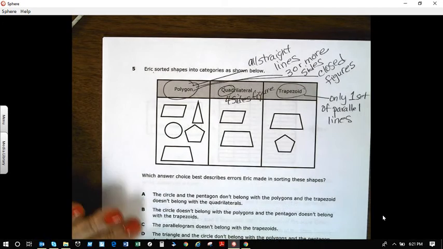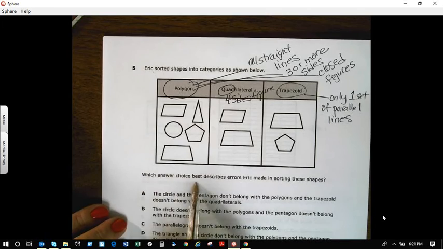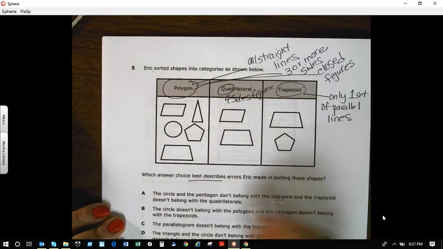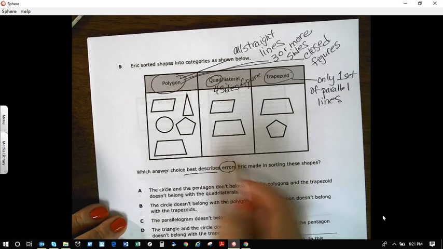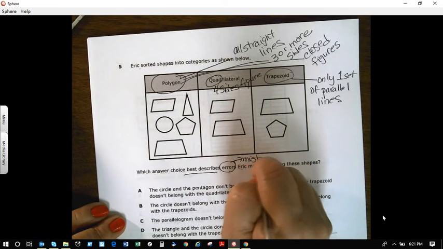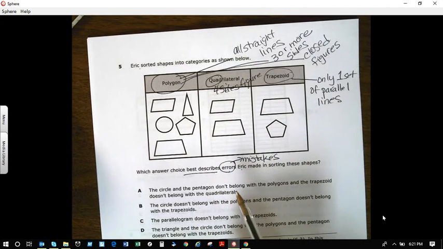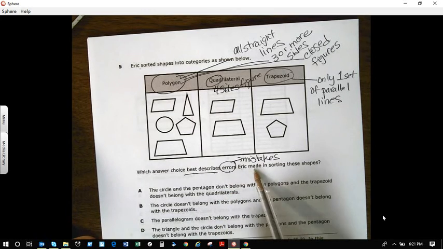All right, so now let's see what we have here. Which answer choice best describes Eric's errors? So we're looking for Eric's mistakes. I'm going to put up here mistakes. If that word error doesn't register, I know that when I say the word mistake, that hits harder in my head. Mistakes made in sorting these shapes.